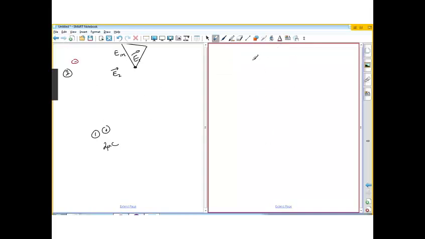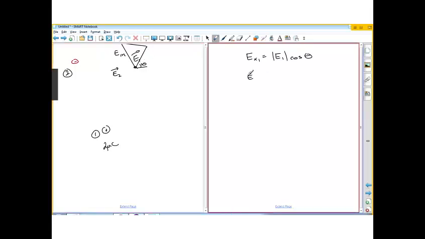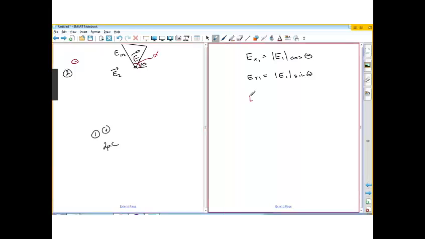Or what we do with the principle of superposition is we would have an E sub x1 for charge 1, which would be the magnitude of the electric field vector due to the 2 microcoulomb charge times the cosine of theta. And that angle theta would be this angle between the horizontal and vector 1. And E sub y1 would be equal to the magnitude of E sub 1 times the sine of this angle theta. And then you'd have a second angle, which we'll call alpha.